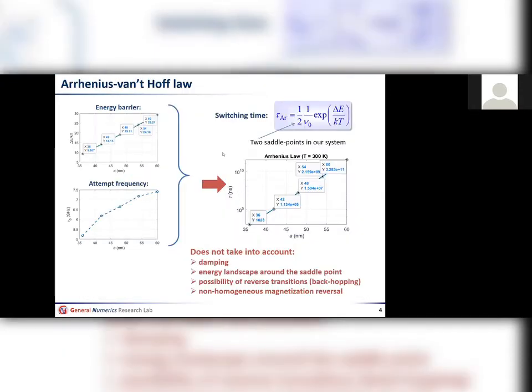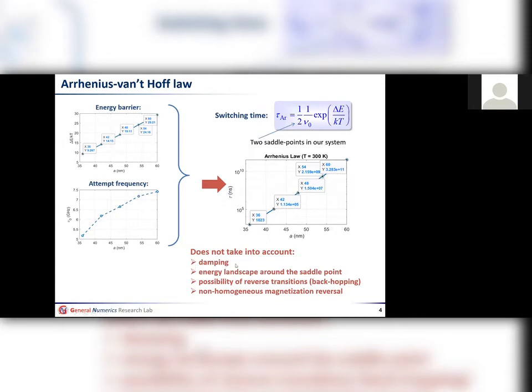Now we have first two analytical approximations. The maybe most famous one is the Arrhenius-Van Hoff law, where you evaluate the switching time just as the product of the inverse attempt frequency and the exponent of the energy barrier. It is most widely used, but still I would say the worst approximation available, because it does not take into account nothing except the energy barrier.